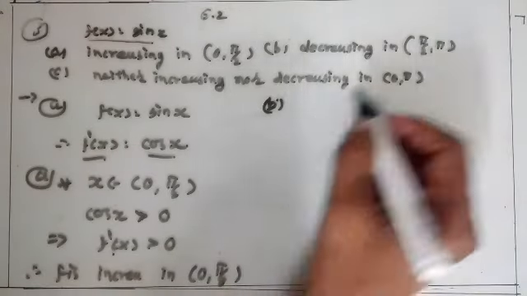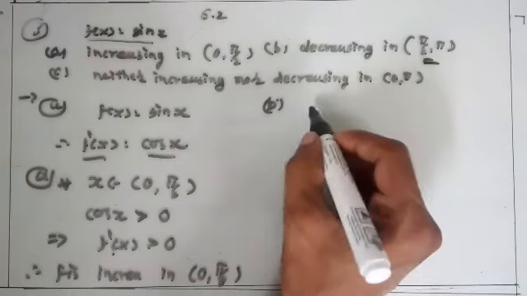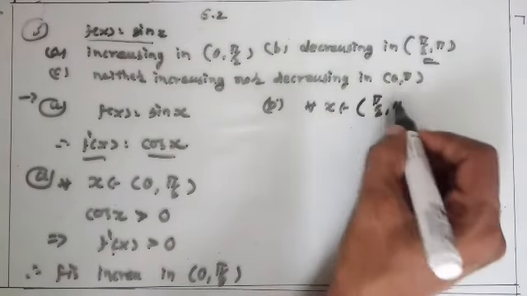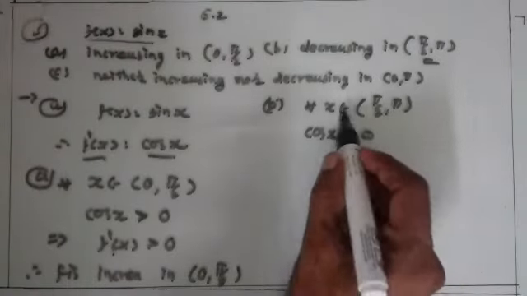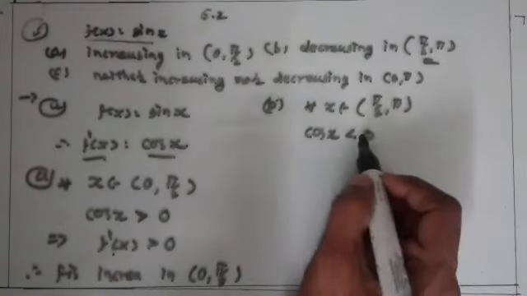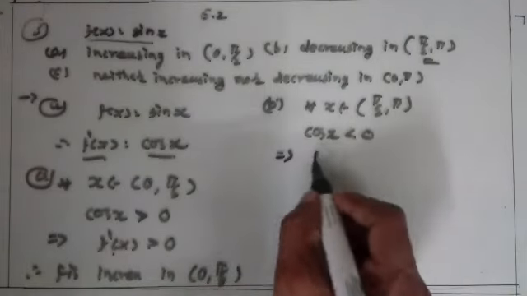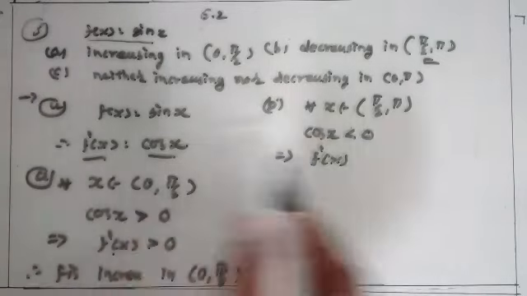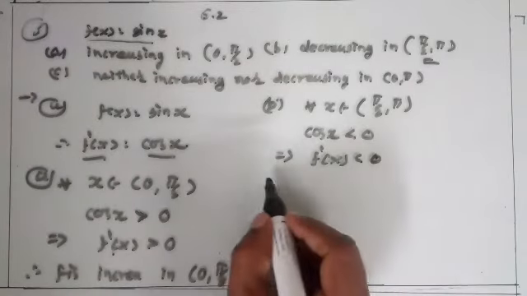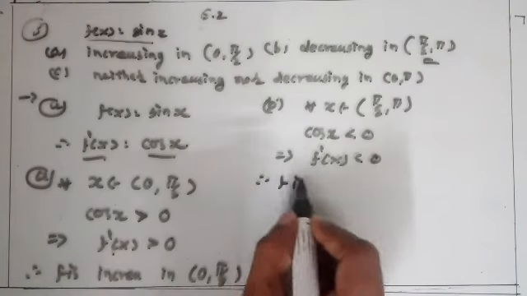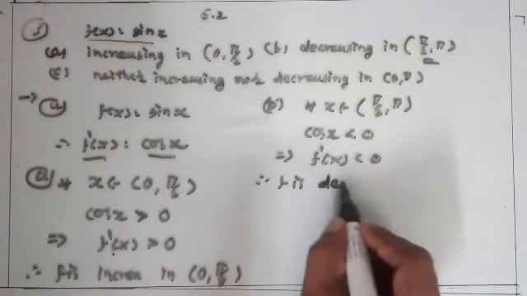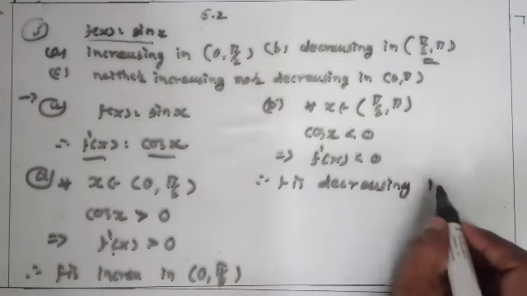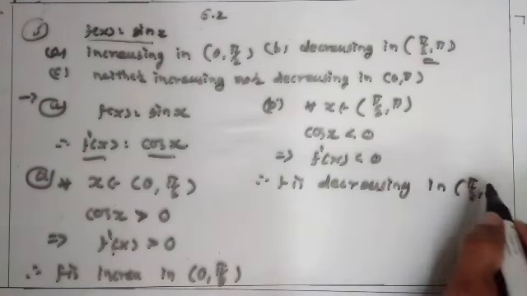B, in (pi by 2, pi), for all x belongs to (pi by 2, pi), in the second quadrant, cos x is less than 0. This implies f dash x, cos x, is less than 0. Therefore, f is decreasing in (pi by 2, pi). Clear?